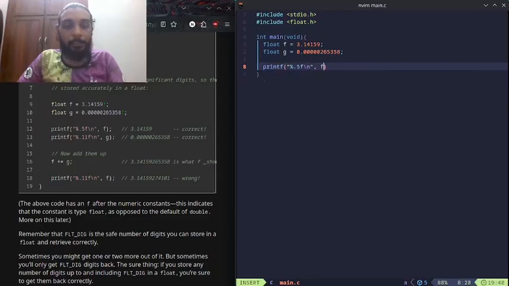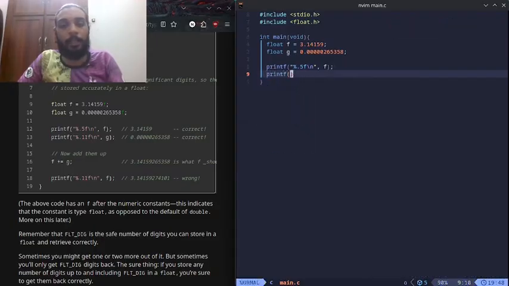printf with 0.5f and a newline, and it prints f. Do this, and we have 0. I think 11 digits.